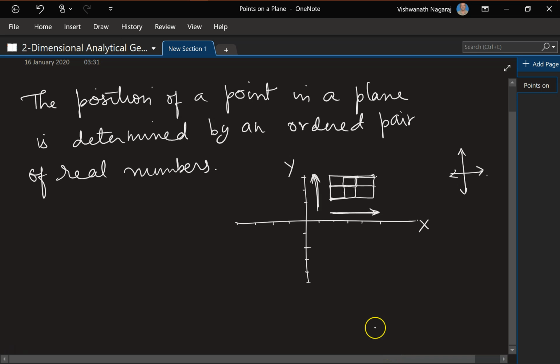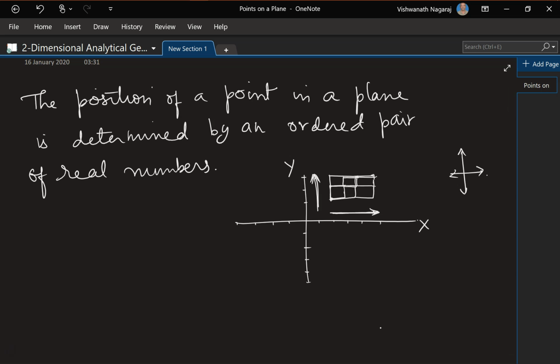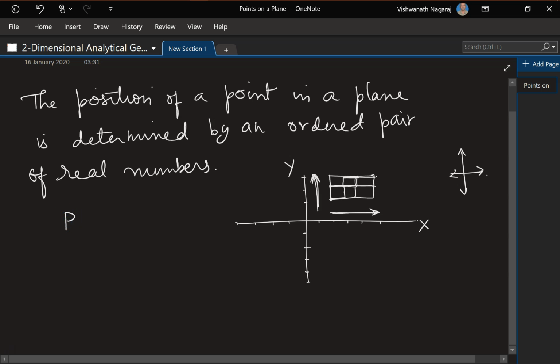So just by putting these two lines, we can represent any point on a plane. So, for example, a point P can be represented by how many steps in x direction and how many steps in the y direction. So just these two numbers can specify to us where exactly a particular point is.